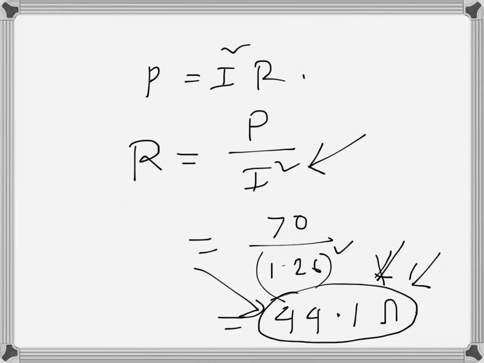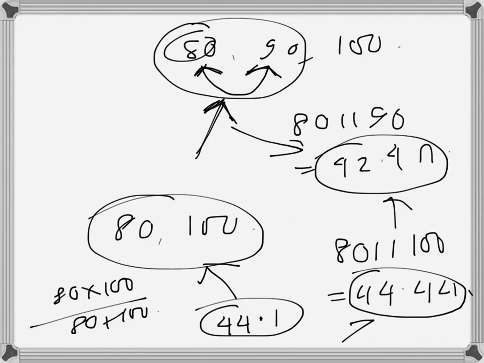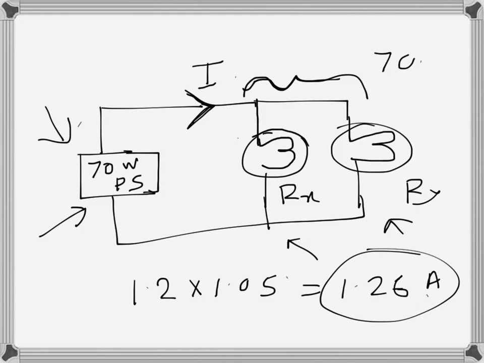So this will do, and this is the cheapest option of bulbs that we can use. So an 80 ohms bulb here and a 100 ohms bulb here, and if we connect this, the current will be less than this one.